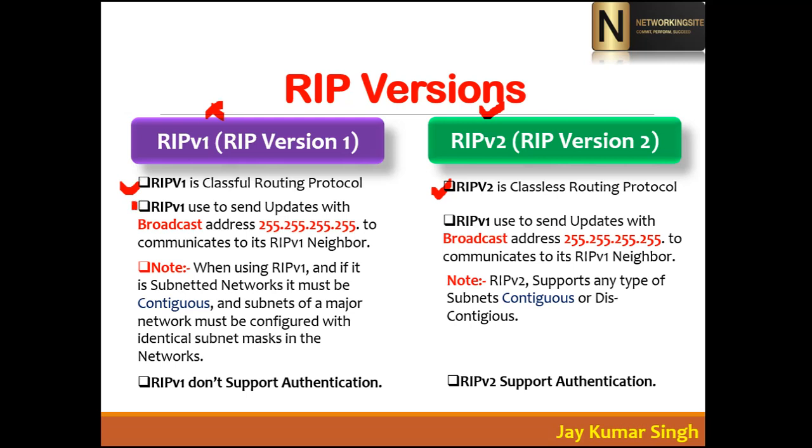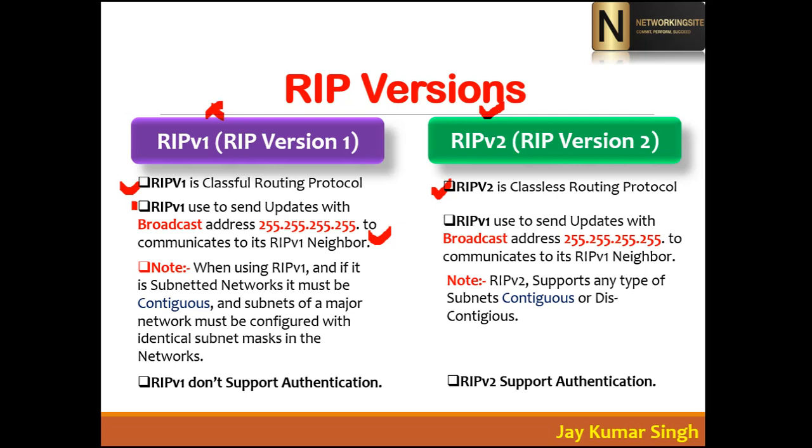RIP version 1 sends the routing update information to its neighbors using the broadcast address, 255.255.255.255.